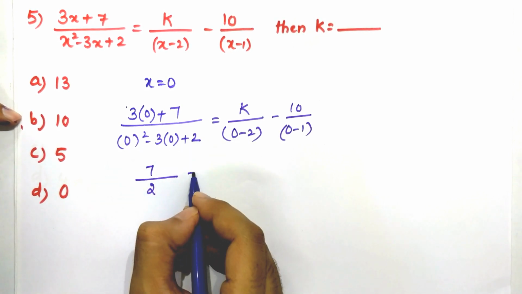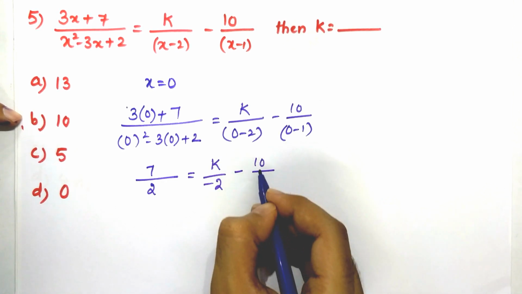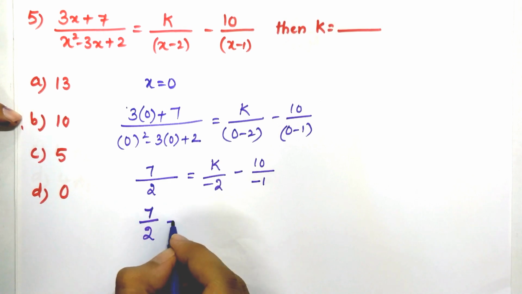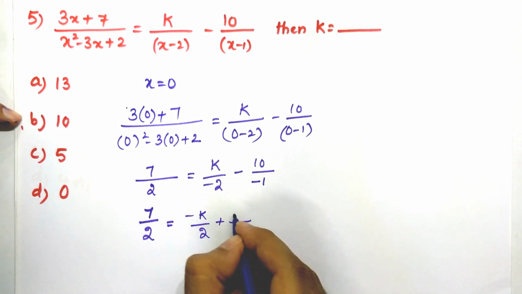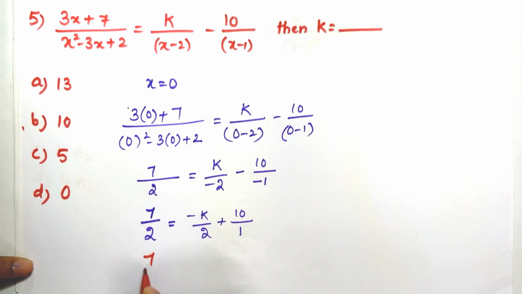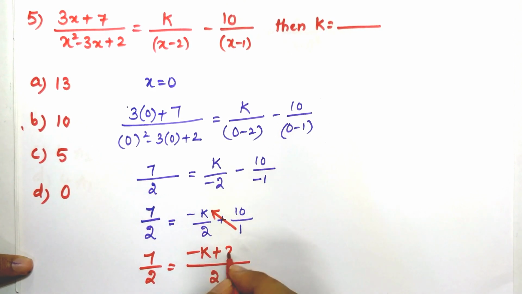So 7 by 2 is equal to k by minus 2, and this is minus 10 by minus 1. This minus and this minus will become plus. 7 by 2 is equal to minus k by 2 plus 10 by 1. Now add this. Take the LCM. So the LCM of these two terms is 2. 7 by 2 is waiting on the left side. 2 ones are 2, 1 into minus k is minus k, plus 10 2s are 20.